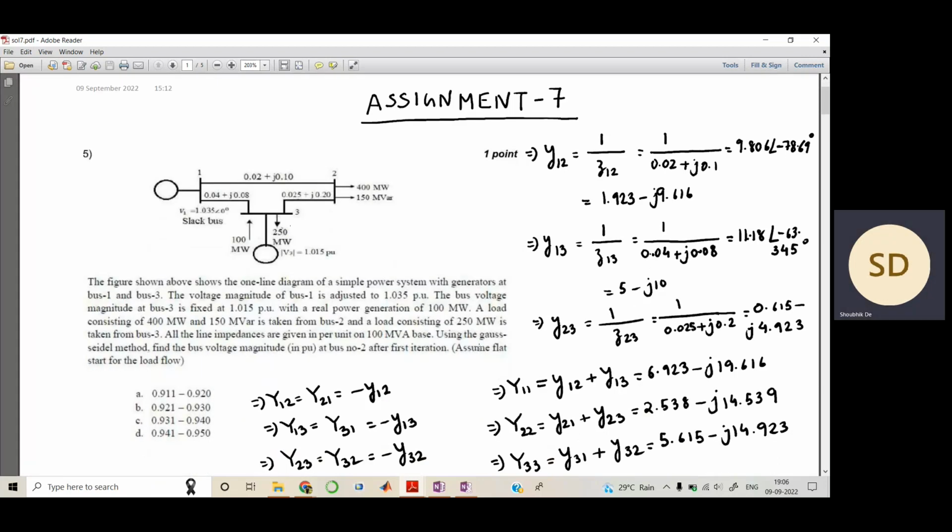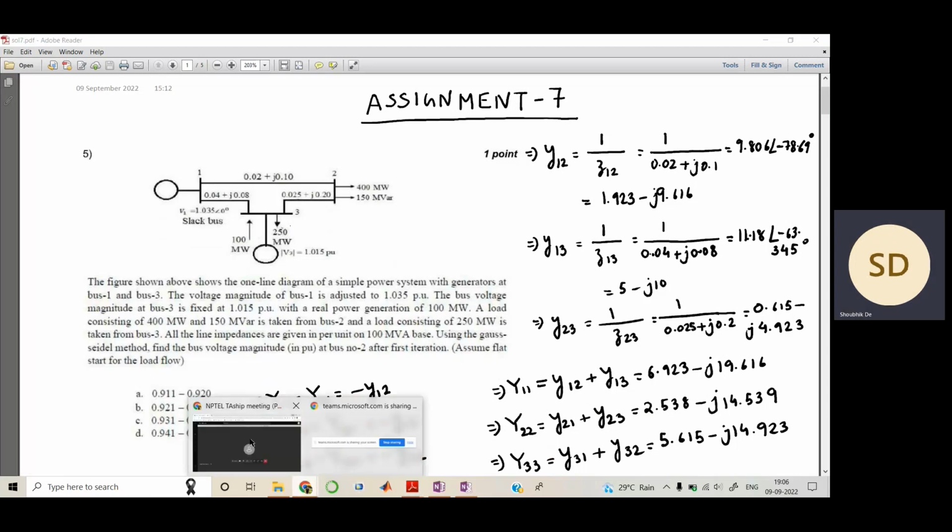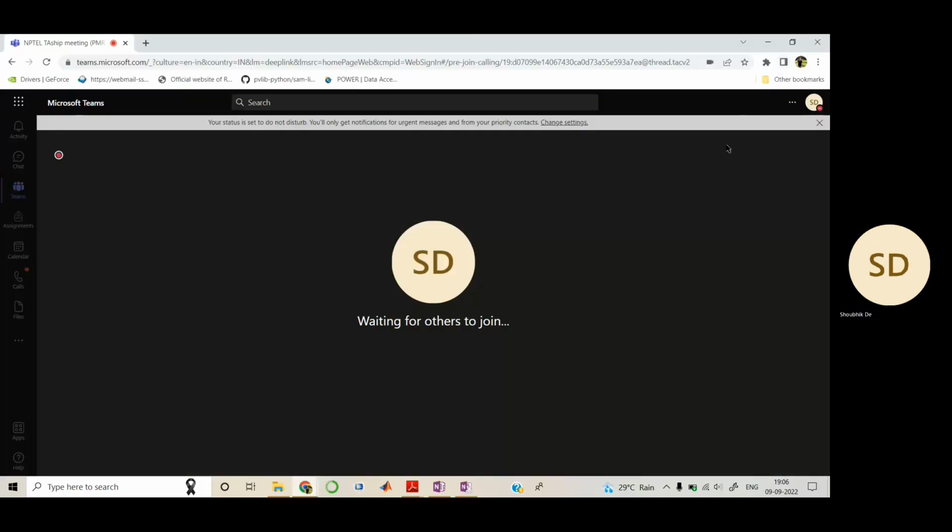Now, using the Gauss-Seidel method, they have told us to find the bus voltage magnitude at bus number 2 after the first iteration. So only the first iteration. And they have also told us, and this is very important, to assume a flat start for the load flow.